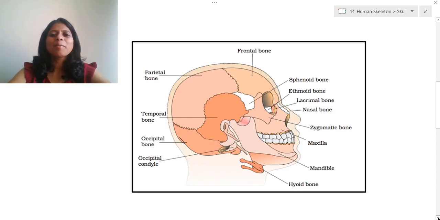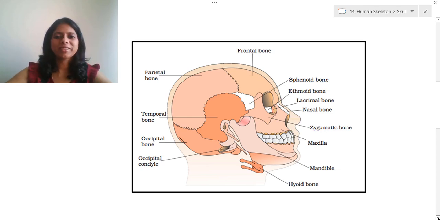This is a diagram of the human skull. By looking at the diagram, you must have understood that the human skull is nothing but the head region of our body. In this video, we are concentrating on which bones are included in our head region, that is in the human skull.